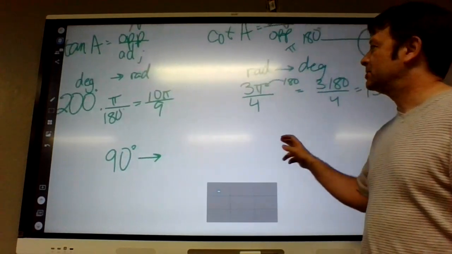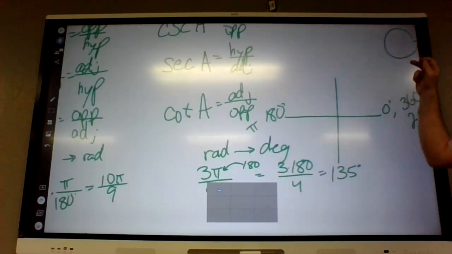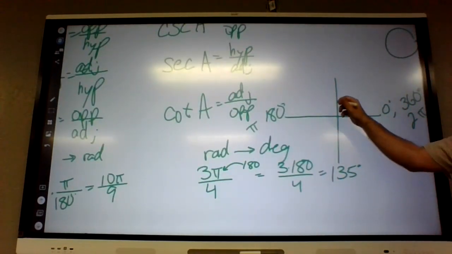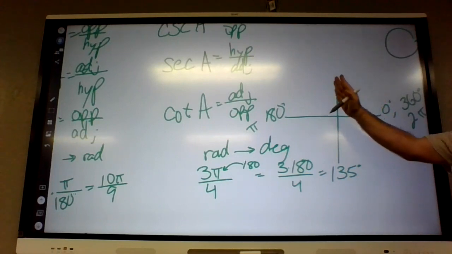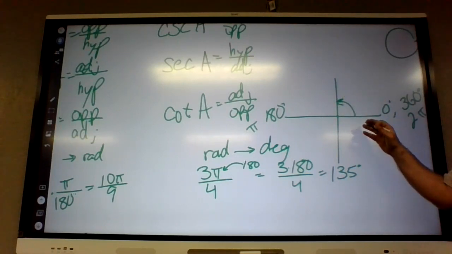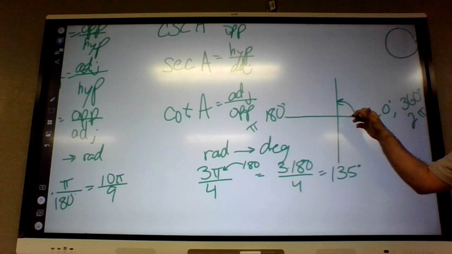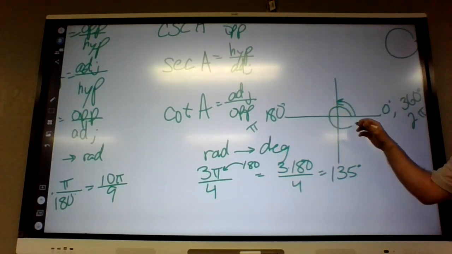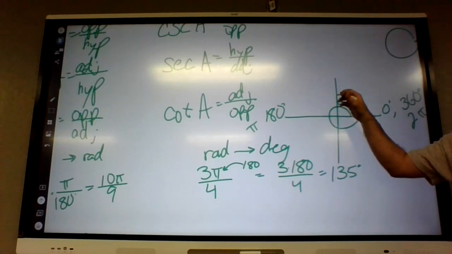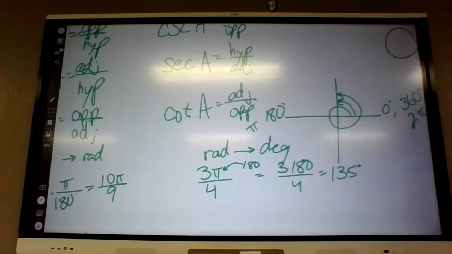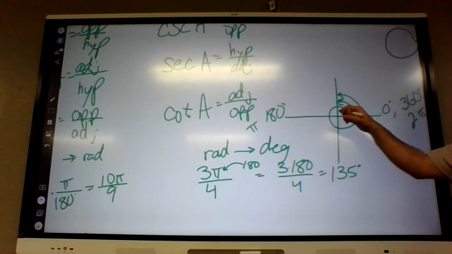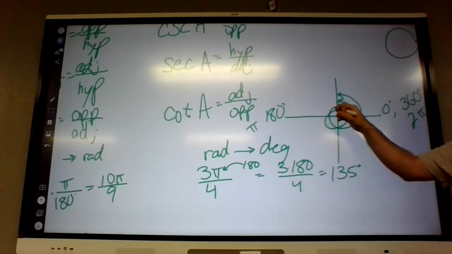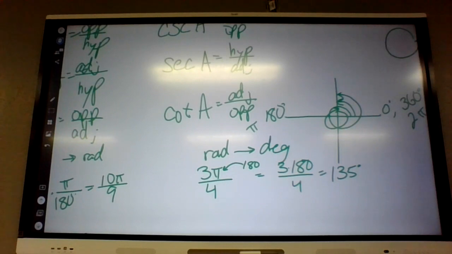Where's 90? Right there. From there to there. So what angle would also stop at 90? 270, or whatever it is. Oh, 360 plus 90. Yeah, 90 plus 360. Or you can go backwards, remember? 90 minus 360.